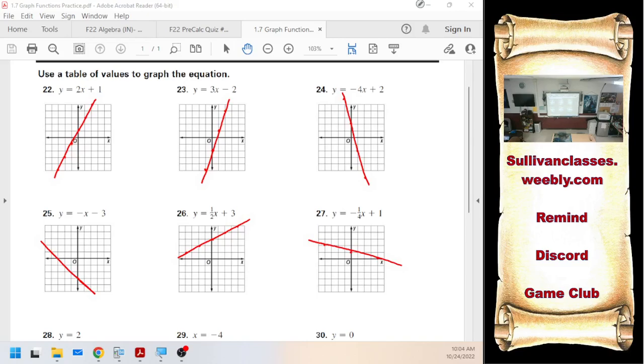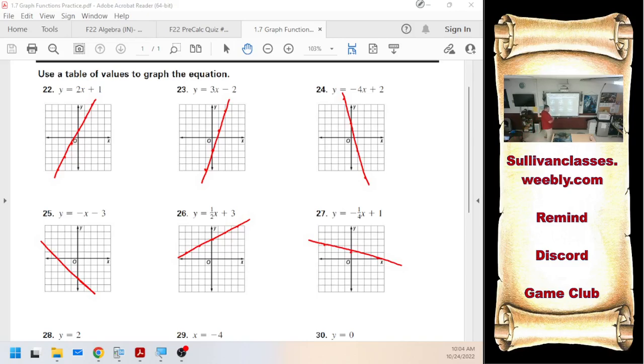But that'll be towards the end of this semester, beginning of next semester. But we need to know how to do stuff by table. You have to know how to do by table because that's our fallback option. That is our nuclear deterrent. If I can graph by table, I can graph anything that's got a variable in it.